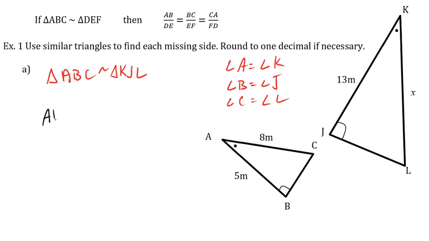I start with AB over KJ. So I took the first two here and the first two here, and I wrote them as a proportion. Is equal to BC over JL, which is equal to CA over LK.